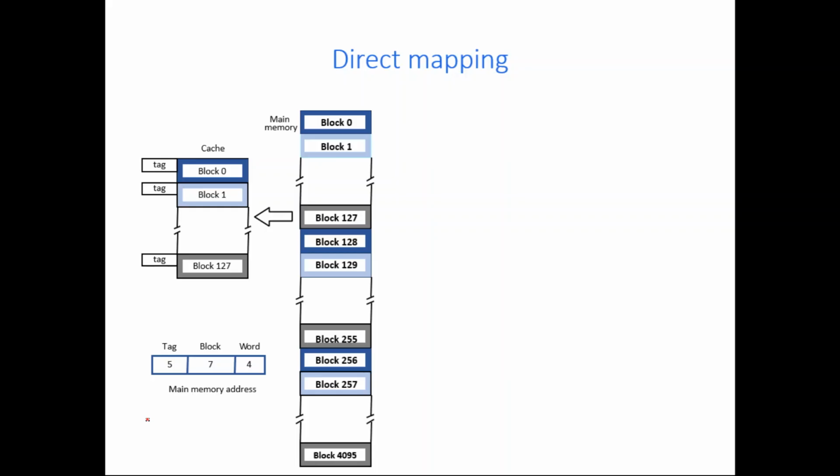The other blocks cannot be moved, and at some later point they have to replace it. This happens even if there is sufficient empty space in the cache memory. Blocks that map to the same cache block cannot be brought into the cache simultaneously. This is the drawback with the direct mapping technique. So this is what we have discussed.